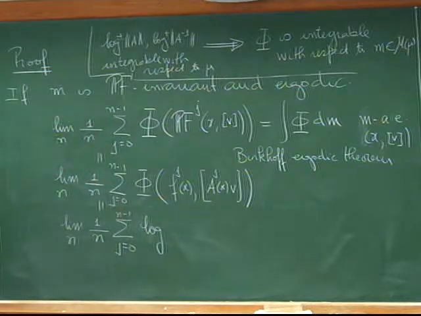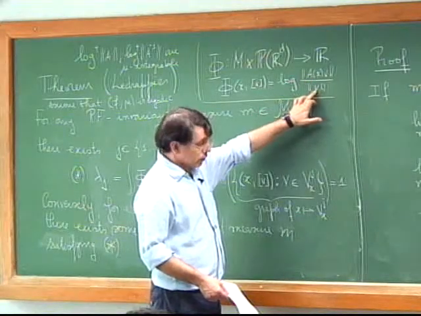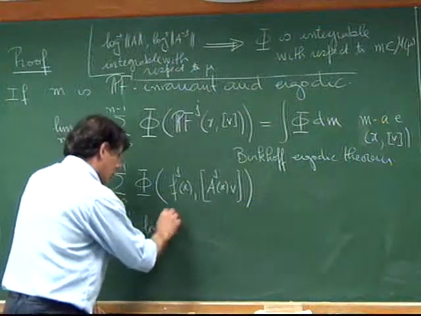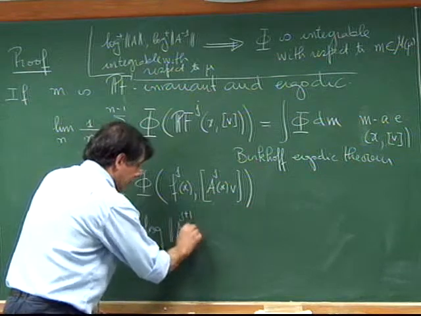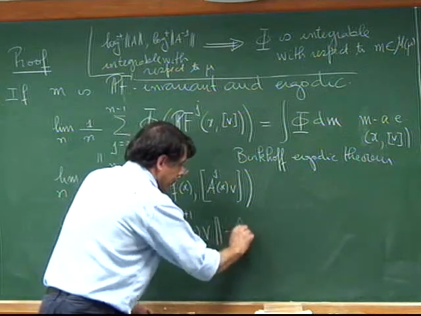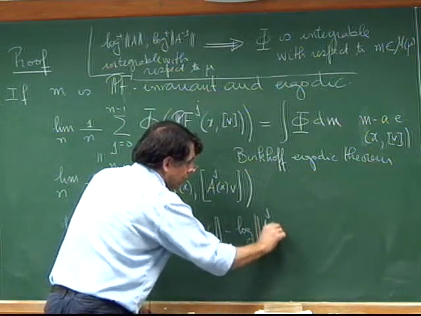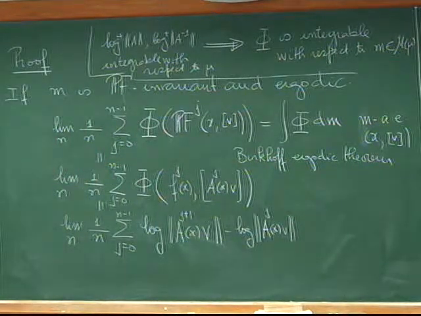So I have logarithm of the image minus logarithm of the vector. So if I apply the formula here, that gives logarithm of A^(j+1) x v minus logarithm of A^j x v. Of course, I could write logarithm of the quotients.